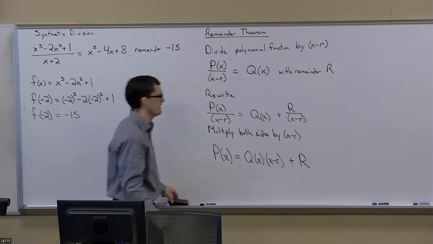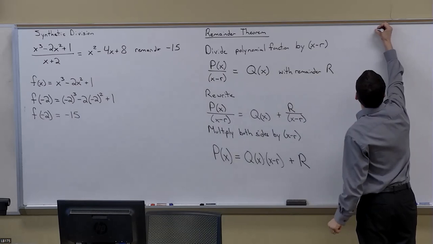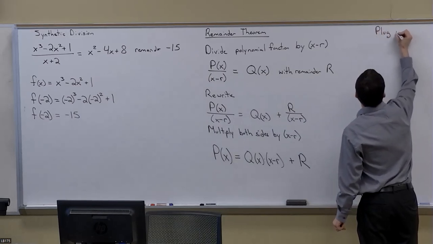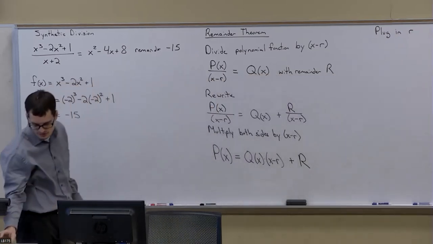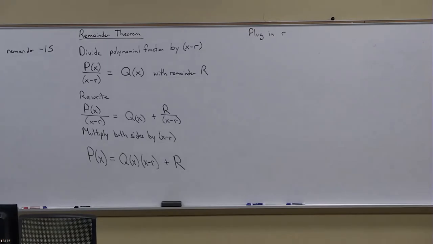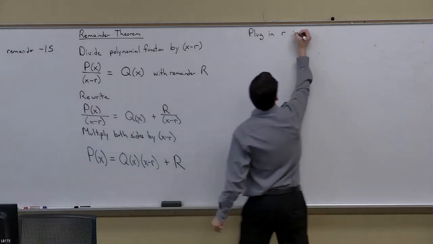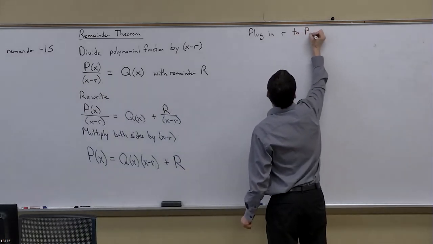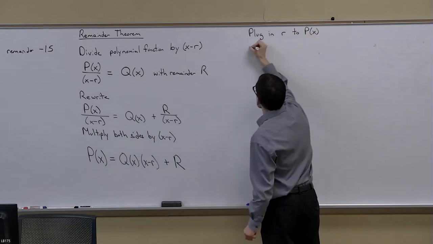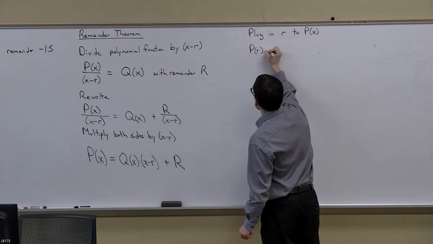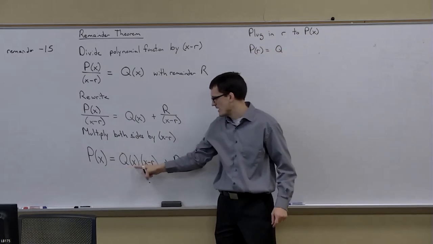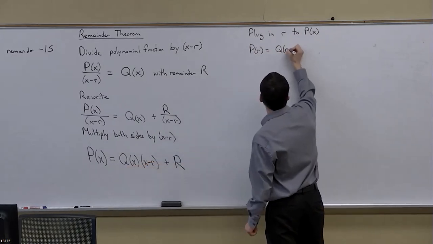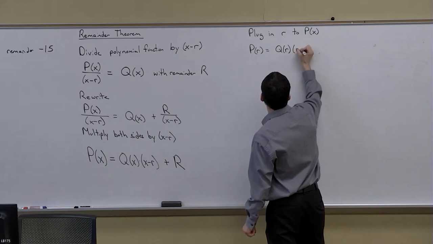What's going to happen if I plug in my lowercase r into the equation, or I should say, into my polynomial function? Well, P of r then will be equal to the quotient, and we have to plug in r. So plug in r, plug in r.